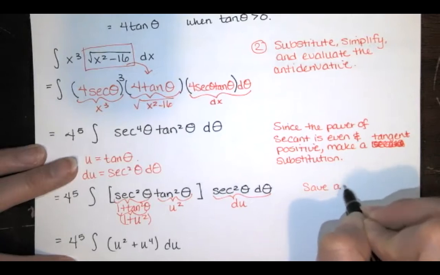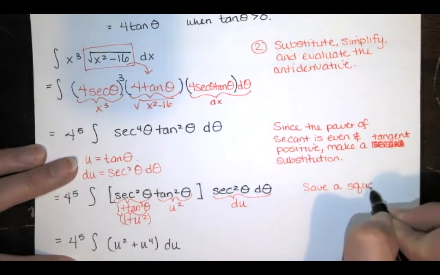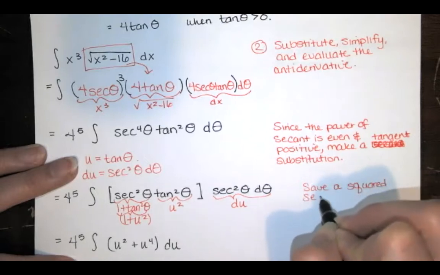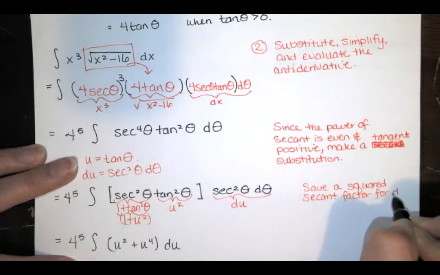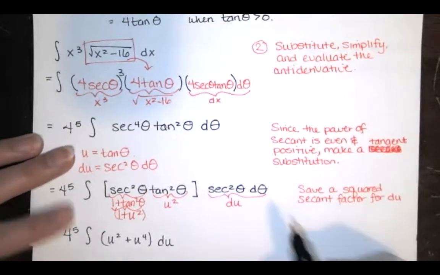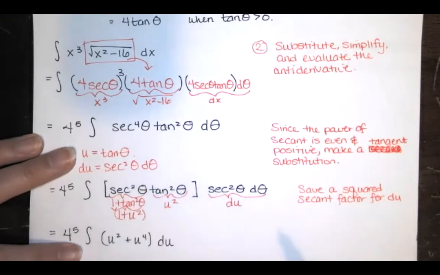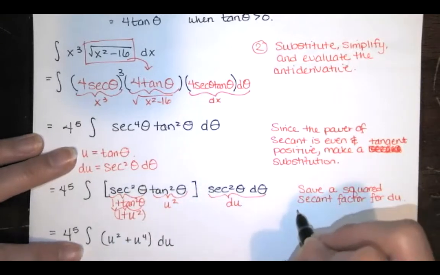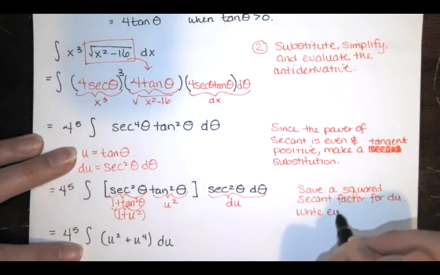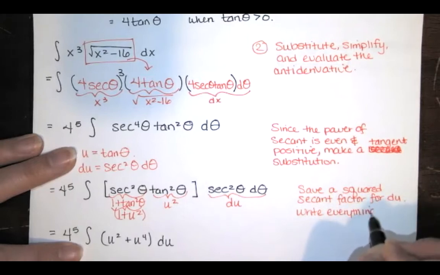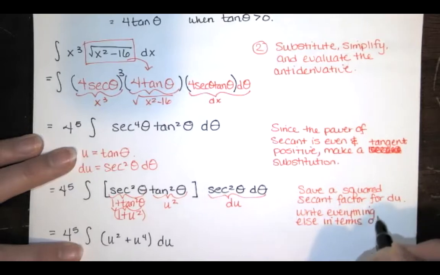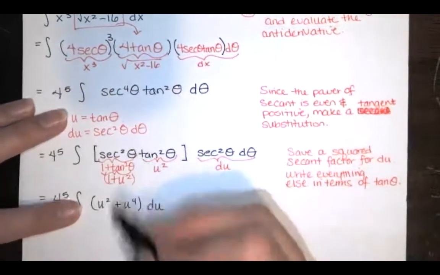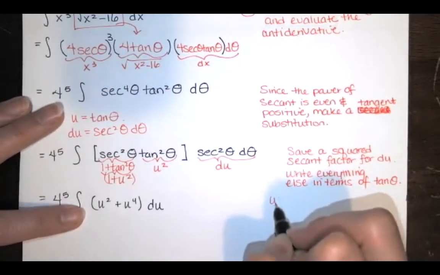So we're saving a secant squared factor, or a squared secant factor if you prefer, for that form of du on the right-hand side. And then you want to write everything in here in terms of u. And in this case, u was tangent of theta. And then we actually do the u substitution.